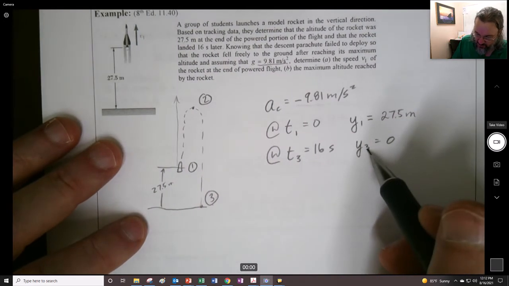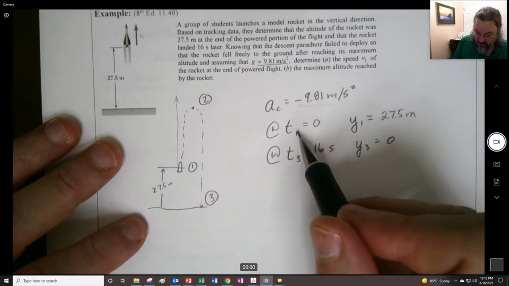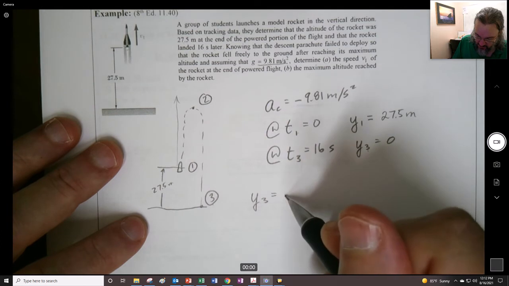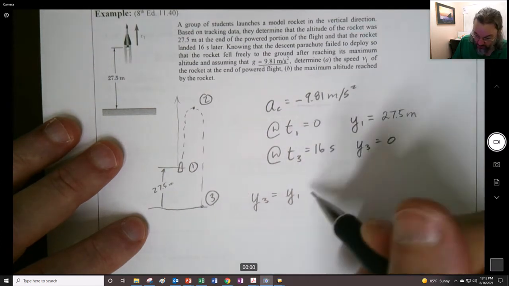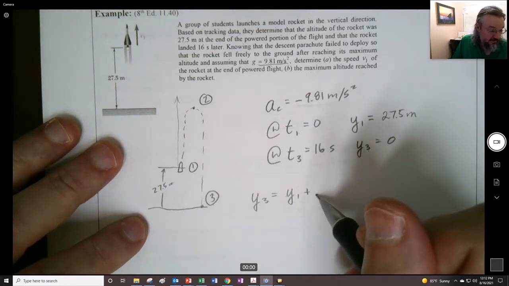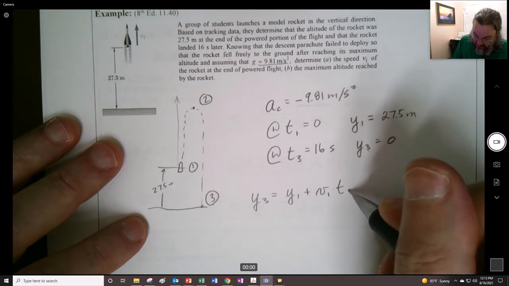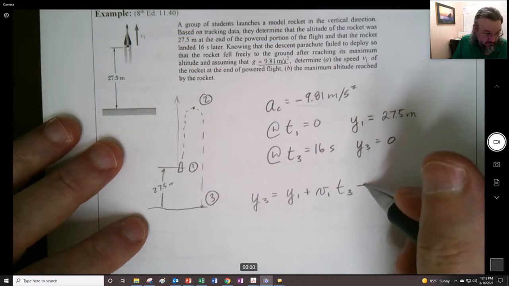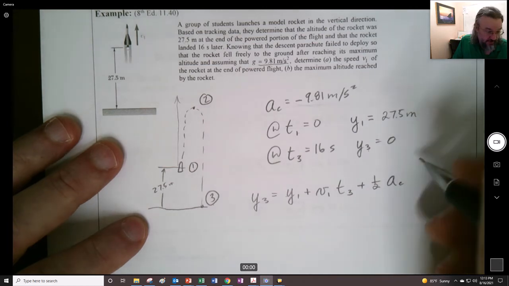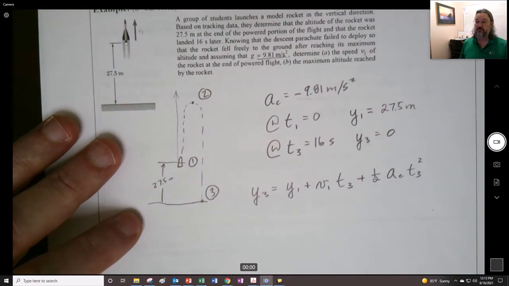And let's take it between 3 and 1, right? So we say that y3 is equal to y1, plus the initial velocity v1 times t3 plus 1/2 acceleration times t3 squared. We've just plugged those in.